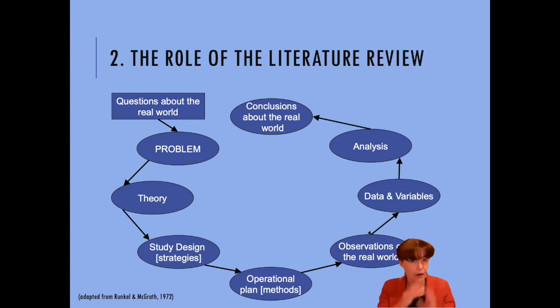We then design a particular operational plan, the research methods, and we conduct some observations about the real world through whatever methods you have chosen. Then we collect data and variables, and we embark on some sort of analysis of these, and then come to conclusions about the real world again.